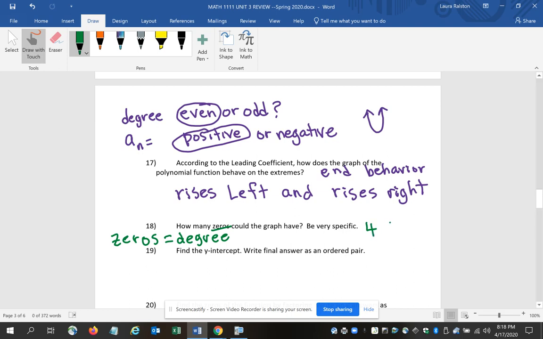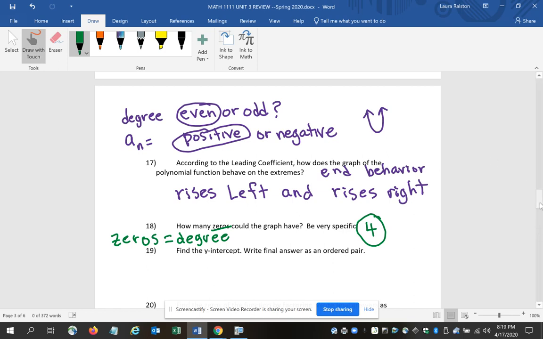Now remember, the answer you would give on the test is 4, but some of those zeros could be real and you'll be able to see them on the graph. Others of them may be imaginary and you won't be able to see them on the graph.